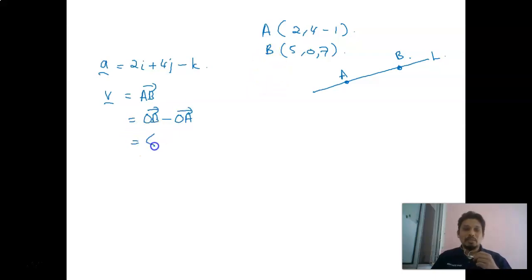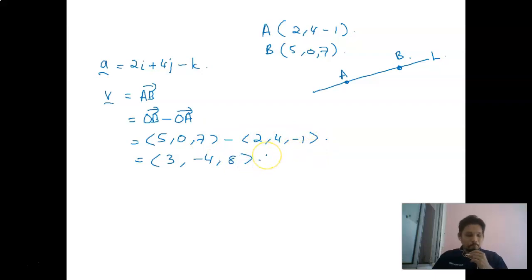So B (5, 0, 7) minus A (2, 4, -1): 5 minus 2 equals 3, 0 minus 4 is -4, and 7 minus negative 1 becomes 7 plus 1 equals 8. So v equals 3i minus 4j plus 8k.